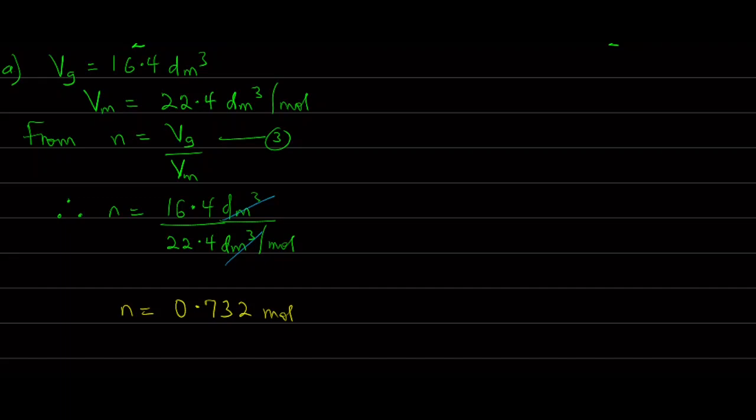Let's try to solve it using our alternative method. We can use stoichiometry as well by saying that 1 mole of a substance, in this case a gaseous substance, 1 mole of O2 has a volume of 22.4 dm cube, which is the standard value.